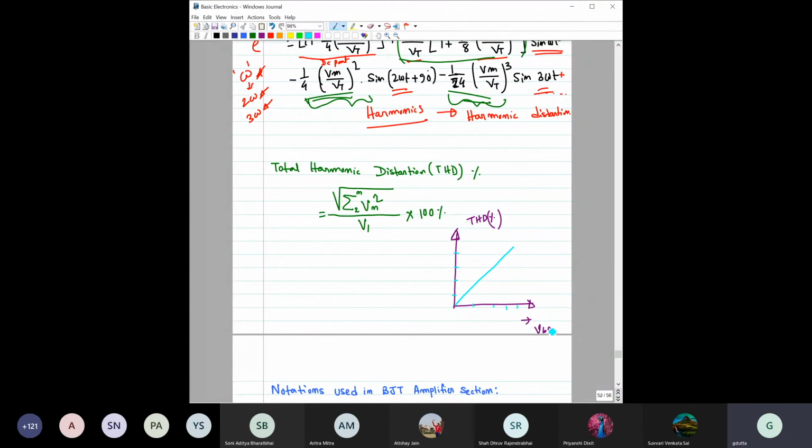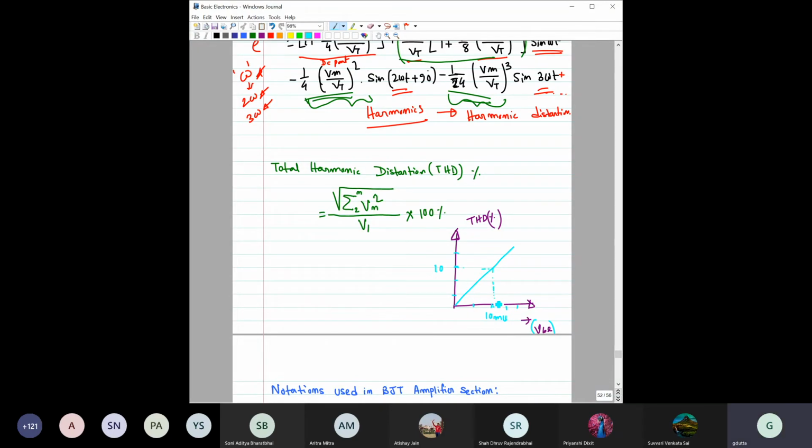So it is expected that to get less harmonic distortion, you should always reduce this V of BE. Suppose it is 10 millivolt, then for this 10 millivolt you will be getting a total harmonic distortion which is less than 10.